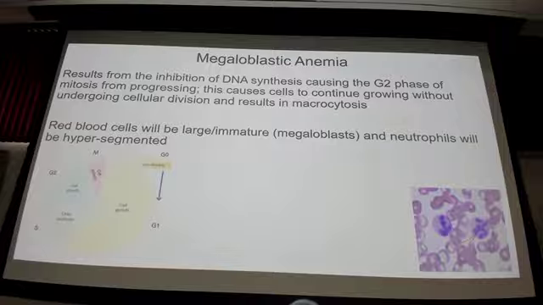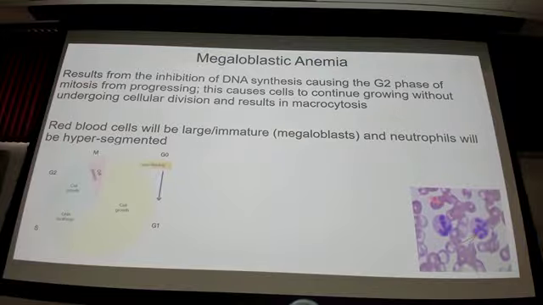The megaloblastic anemia resulting from folate deficiency inhibits the DNA synthesis pathway and disrupts the G2 phase of mitosis, so you're going to see large immature red blood cells, megaloblasts, and hypersegmented neutrophils, as shown here in this picture.